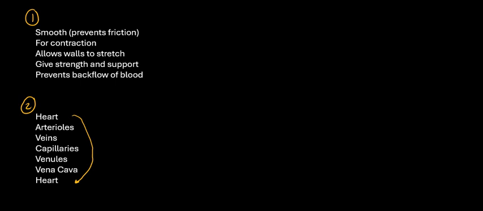So hopefully we can recall that the smooth endothelium cells, which are in the lumen of a blood vessel, prevent friction. Then we have our muscle wall or muscular wall of smooth muscle for contraction.